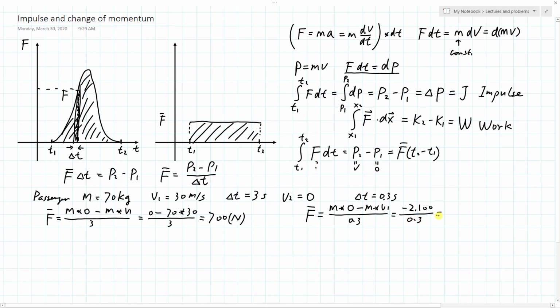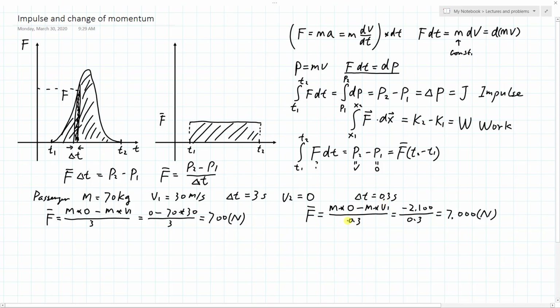So it's 10 times as big. So 7,000 newtons. If for some reason the passenger did not wear a seatbelt, the airbag deployed during a collision, and the airbag took 0.3 seconds. Basically, the passenger hit the airbag and took 0.3 seconds to stop.